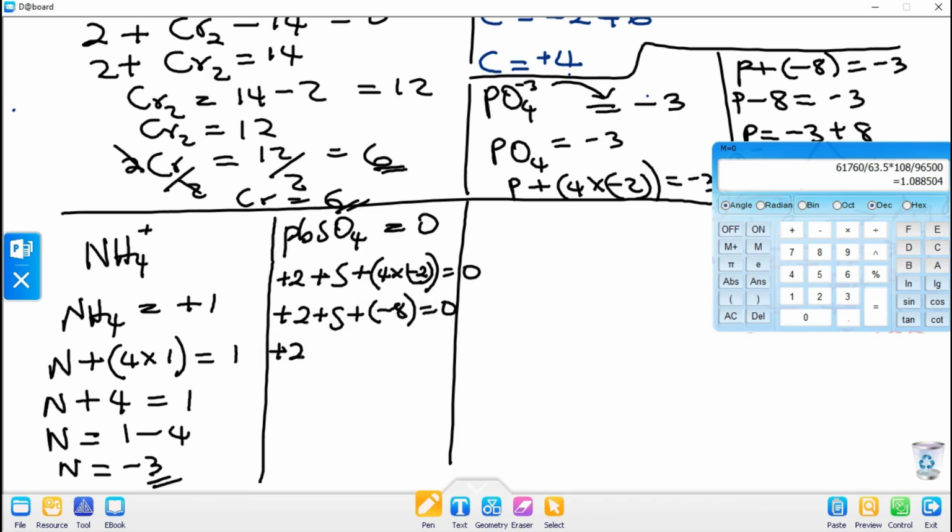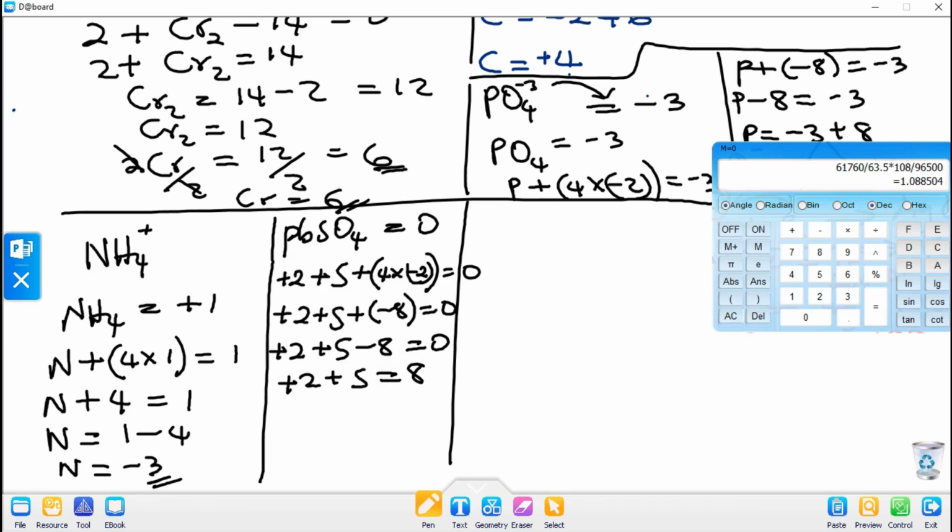So this gives us plus 2 plus S minus 8 equals 0. When minus 8 goes over the other side, it becomes positive 8.